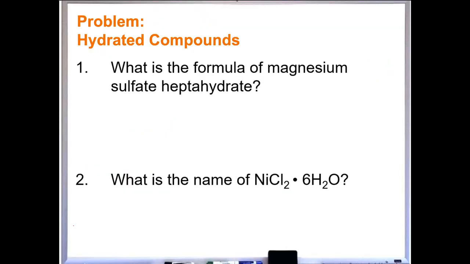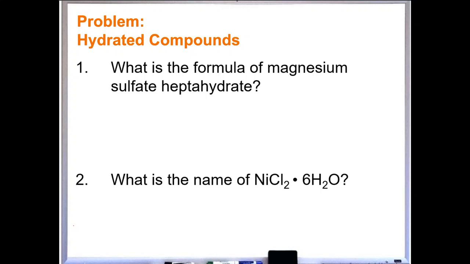Here they want us to write the formula of magnesium sulfate heptahydrate, and then name a nickel compound. Based on what we just talked about, give the video a pause and give these a try. For the first one, they've given us magnesium sulfate heptahydrate.